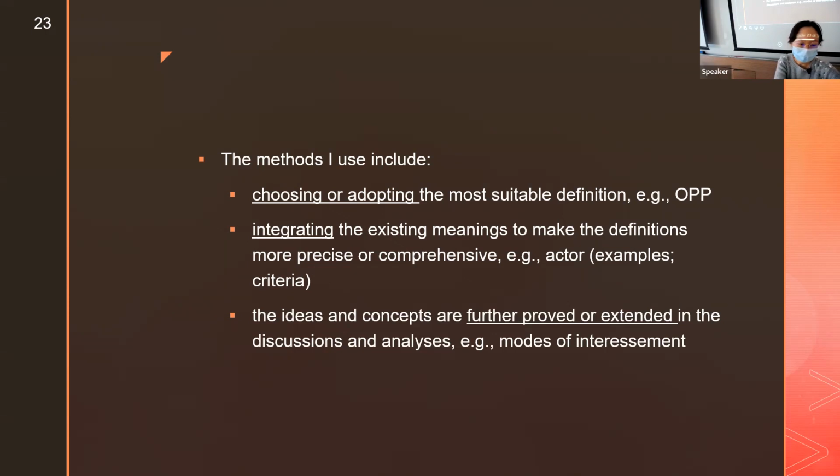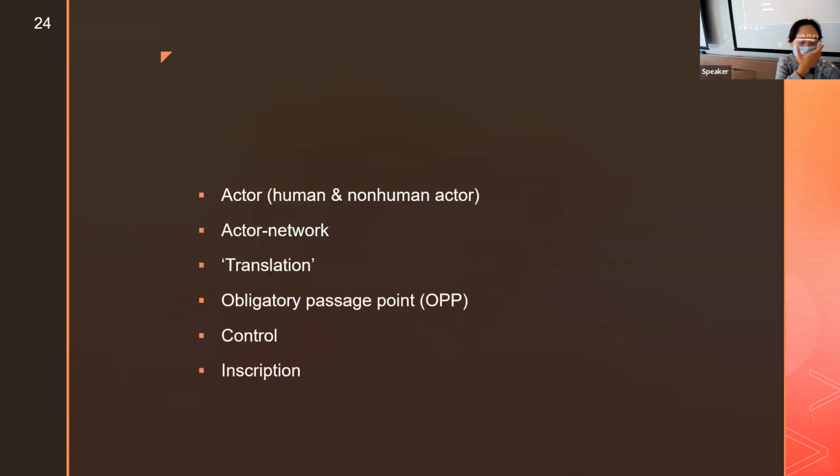So I think the modes identified in my research can supplement or complement the five modes of interessement in Callon's research. And these are the concepts that I adapted and built into the theoretical framework of my research.